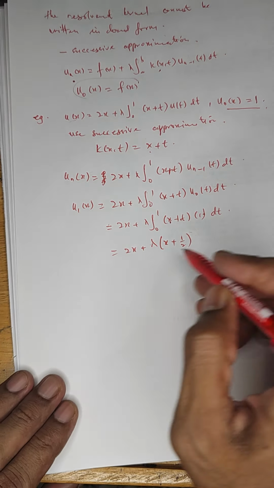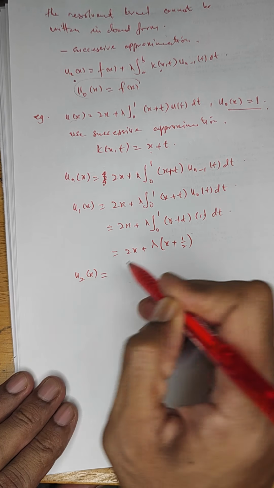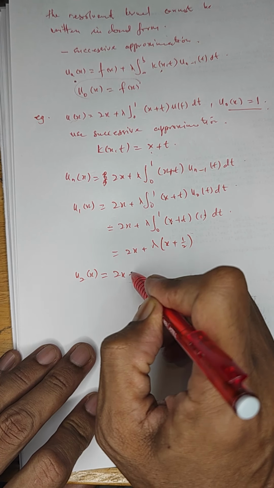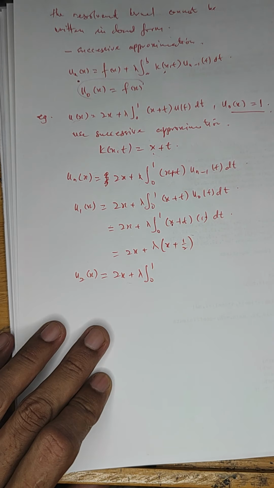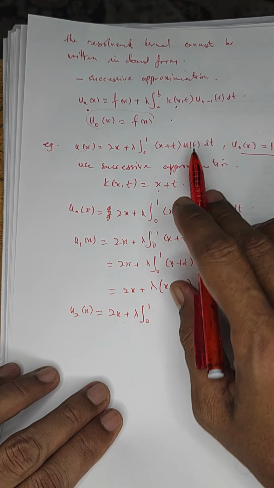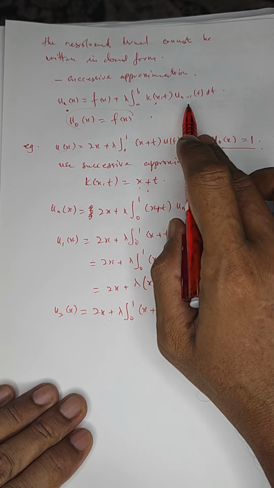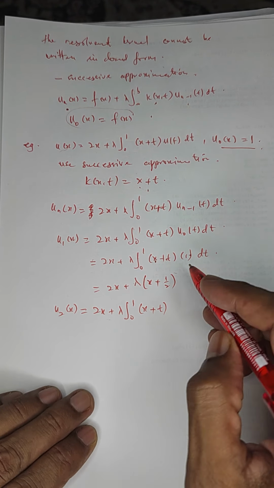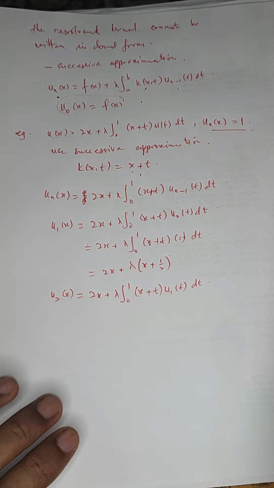You can find the second approximation, u_2(x). This is 2x plus lambda 0 to 1 our K(x,t), which is x plus t, and then u_(n-1) is u_1(t) dt.